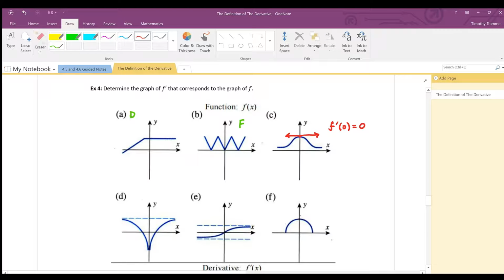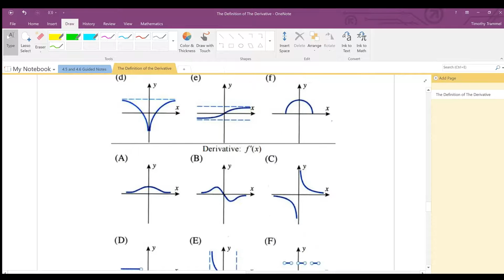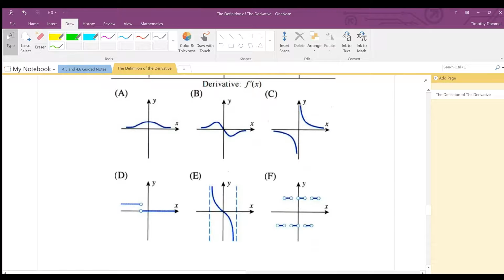So let's see if we can actually do both C and F here. So if we move down here, let's first find something that satisfies f prime of 0 equals 0. We want something that goes through the origin, and I see two of these, B and E. Now the next thing is we said that one of these, its derivative wasn't going to exist everywhere, and that was for the circle.